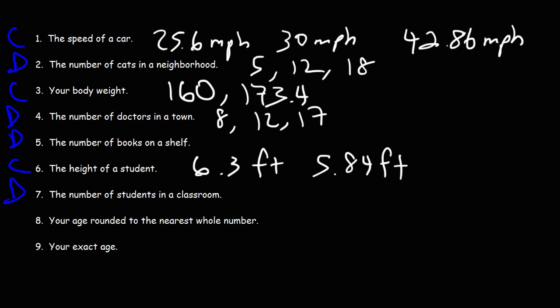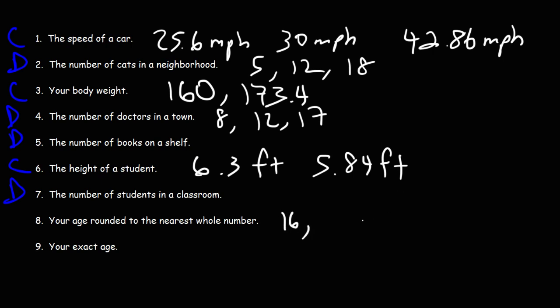Now, what about number 8 and 9? Because both of these problems deal with your age. Feel free to pause the video and work on those two problems. When you're ready, you can unpause it to see the answer. So let's start with number 8, your age rounded to the nearest whole number. So what we're going to do is list the ages of a few different folks. Let's say John's age rounded to the nearest whole number is 16.